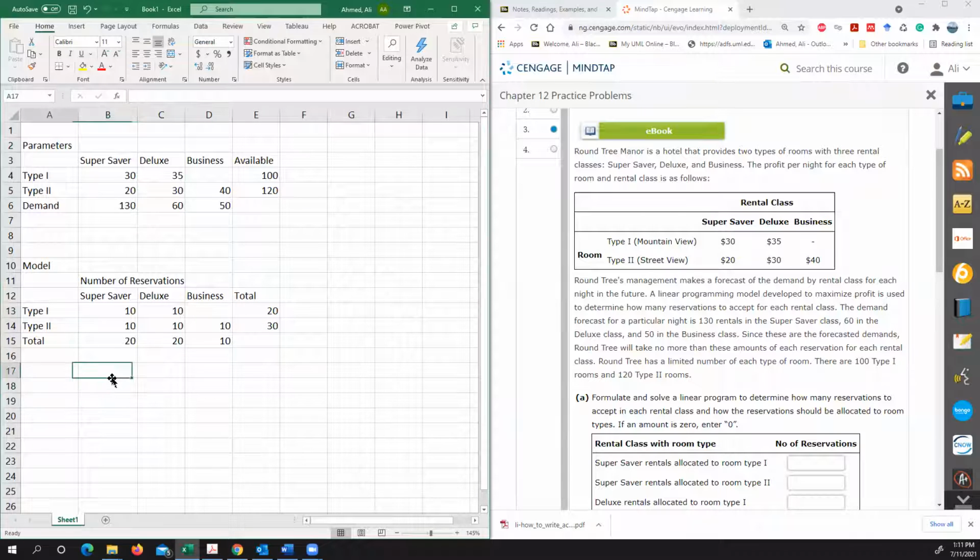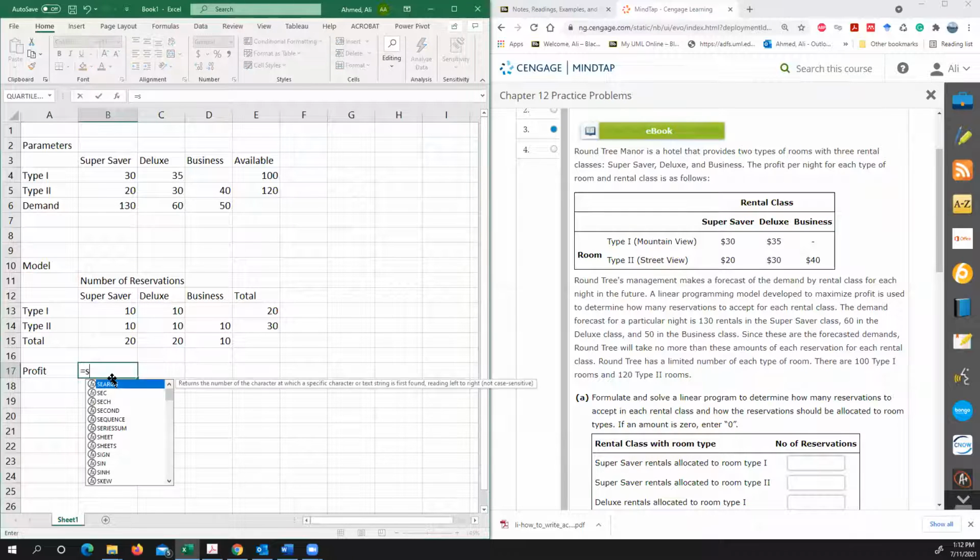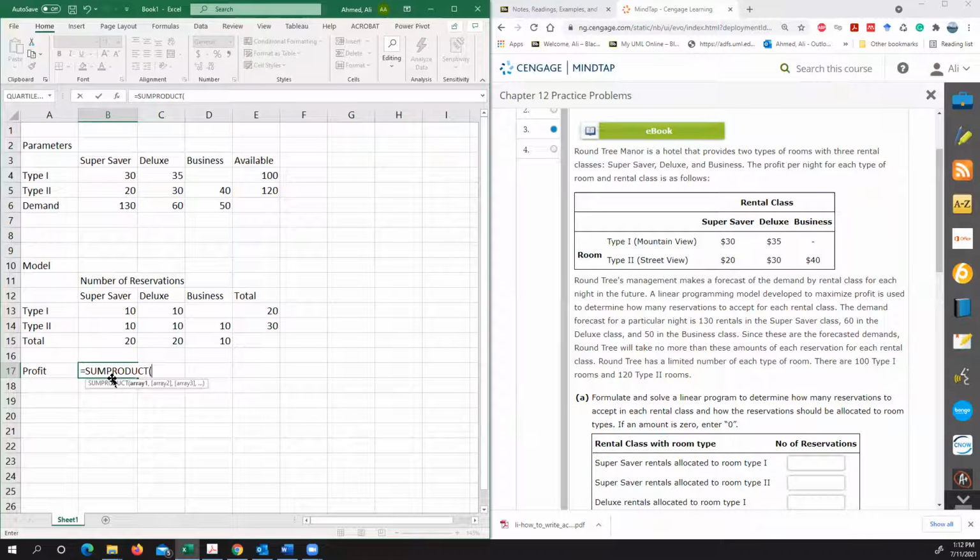We can go into our profit maximization function, profit, and this should be equal to the sum product. So we have this area, and I'm not including this area, I'll do it separately. We have to be very careful in terms of what we enter here.